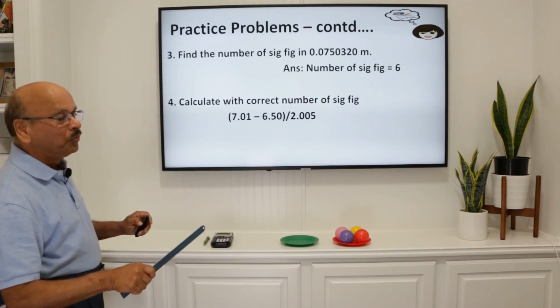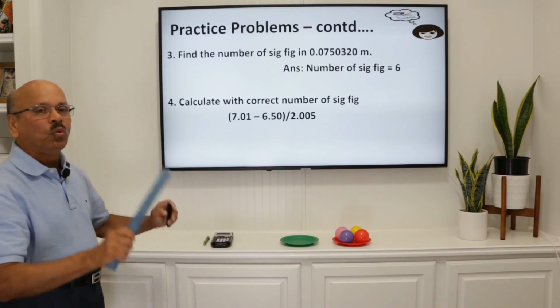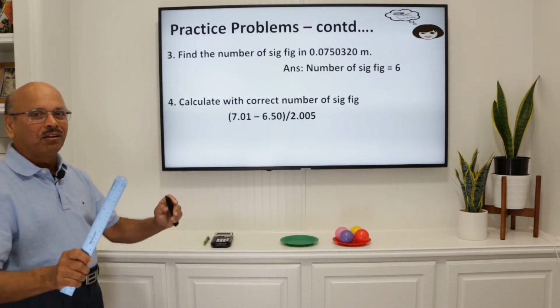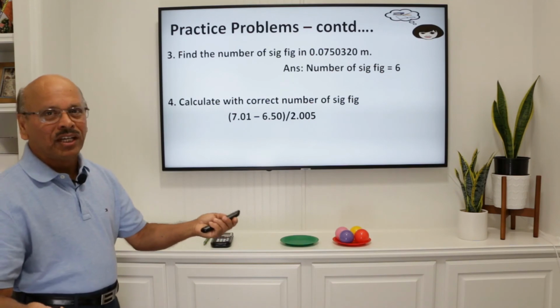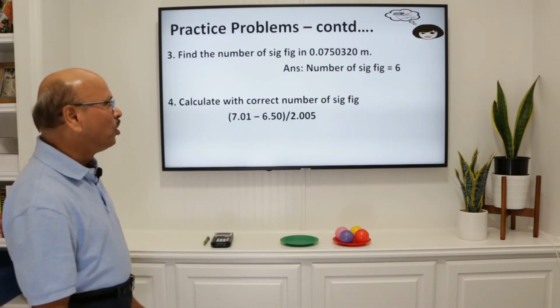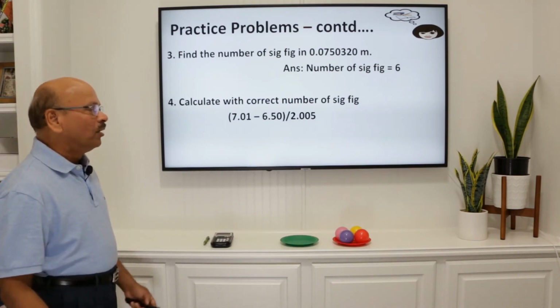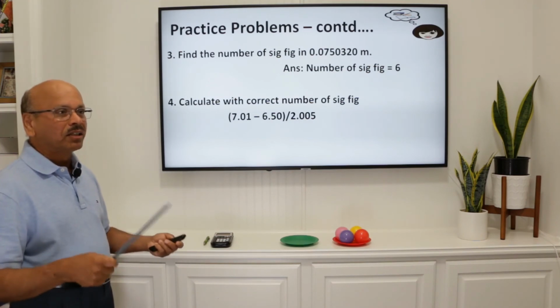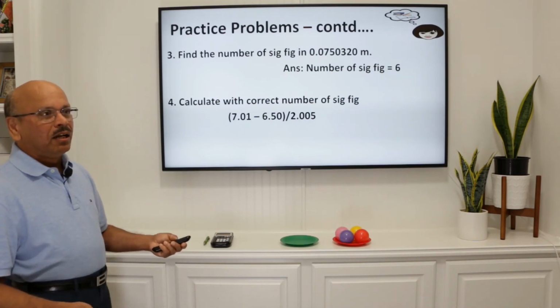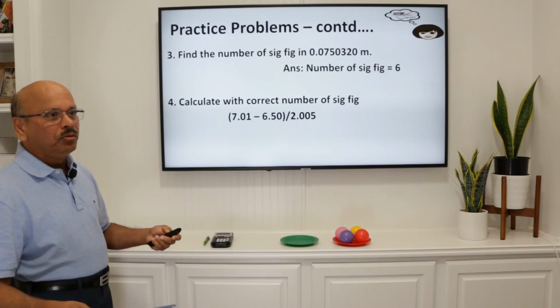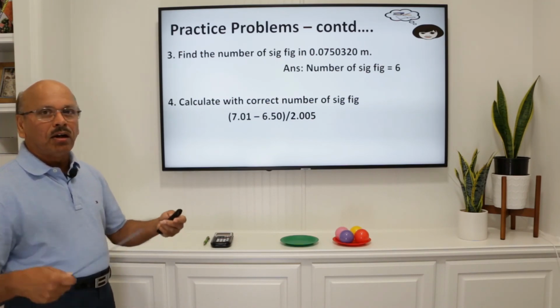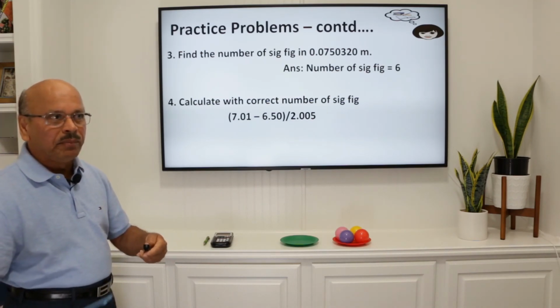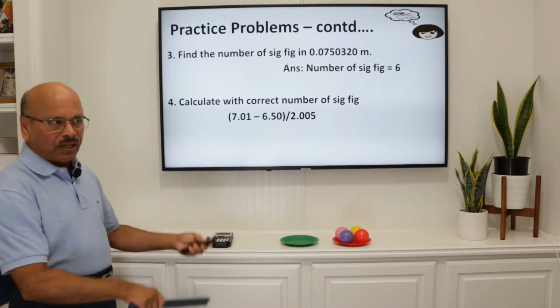So here what you have to do? You have to always go with the hierarchy of calculation. I think you have different mnemonics for doing the hierarchy of calculations. One of them, students usually say, is please excuse my dear Aunt Sally. Means what? Parenthesis first.